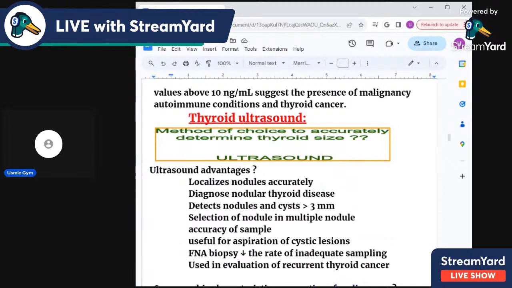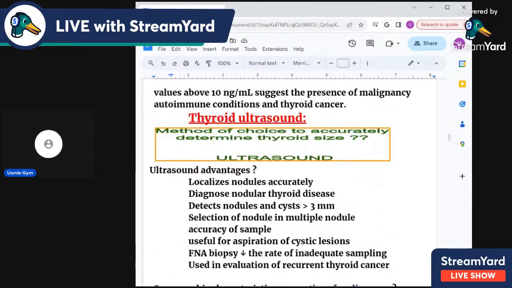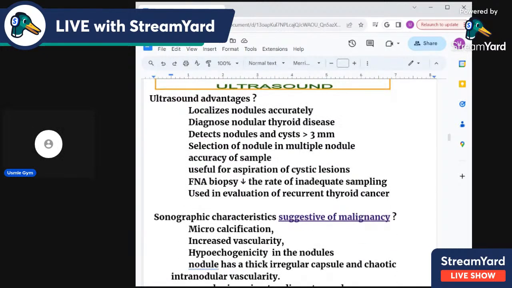Now, thyroid ultrasound. Thyroid ultrasound is the method of choice to accurately determine the thyroid size. So, what are the advantages of the ultrasound?